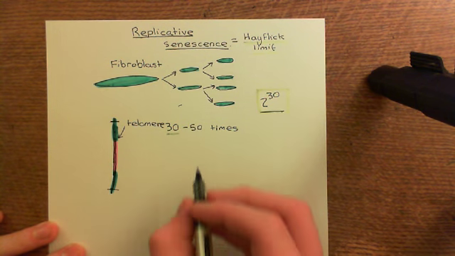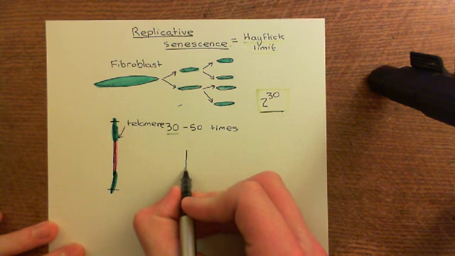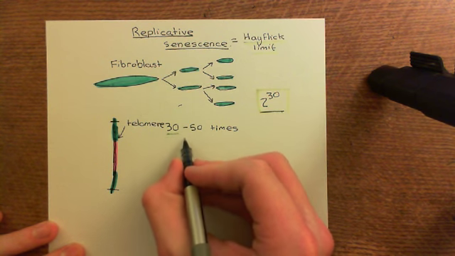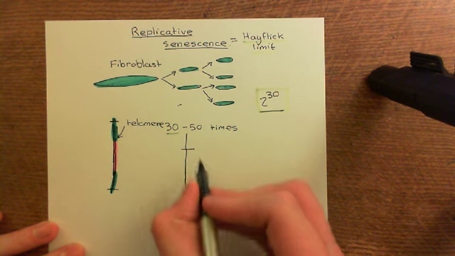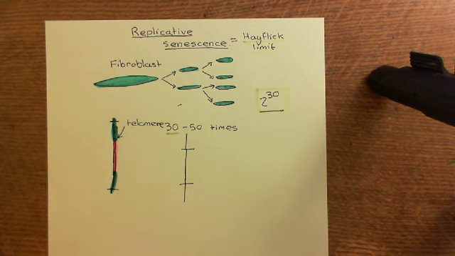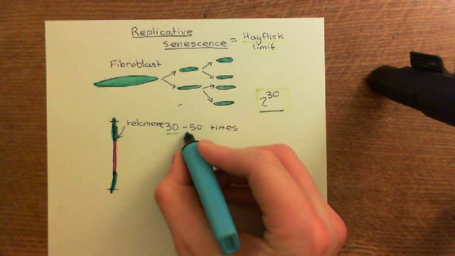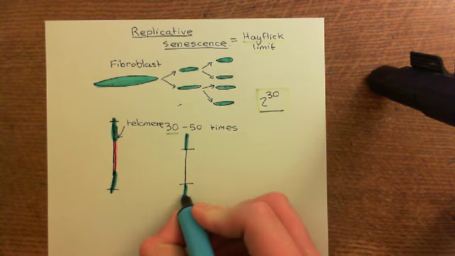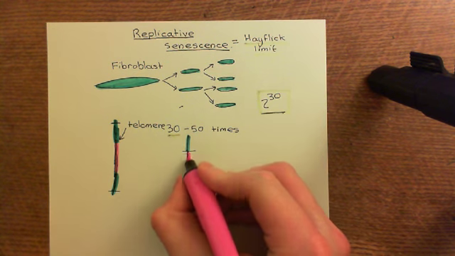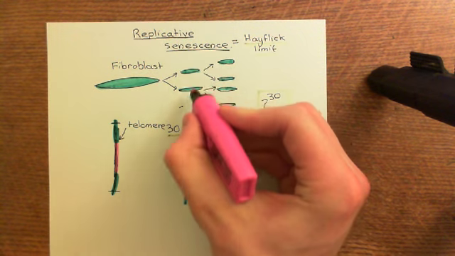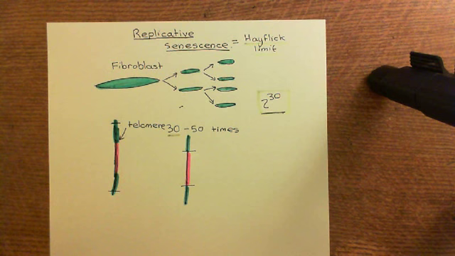Let's say this final bit at the end will get chopped off when you divide. So the purple bit will remain unchanged, but now the telomeres, here and here, are slightly shorter than they were originally, and that's the case in both of the daughter cells. Both of the daughter cells now have shorter telomeres. Now, when each of these daughter cells divides in 2, the same thing will happen.